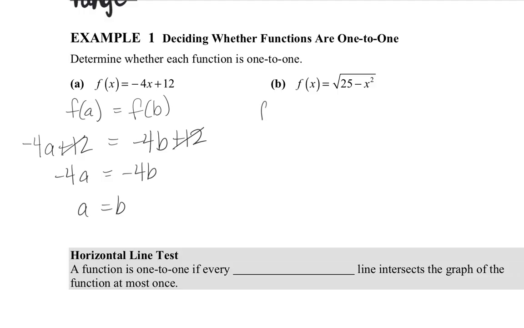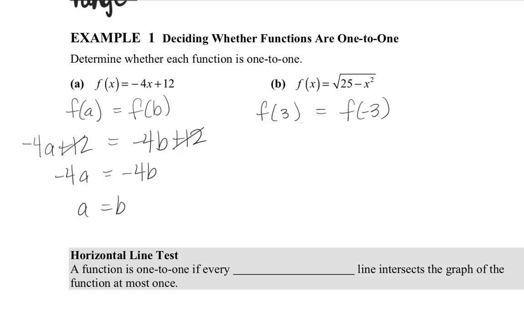If f of 3 equals f of negative 3, if they come out to be equal, then that's not going to be one-to-one, because the x can't repeat and match up with the same y value. Here the x isn't repeating, so we're good. The problem is that they're both going to give me the same answer, so that makes it not one-to-one.